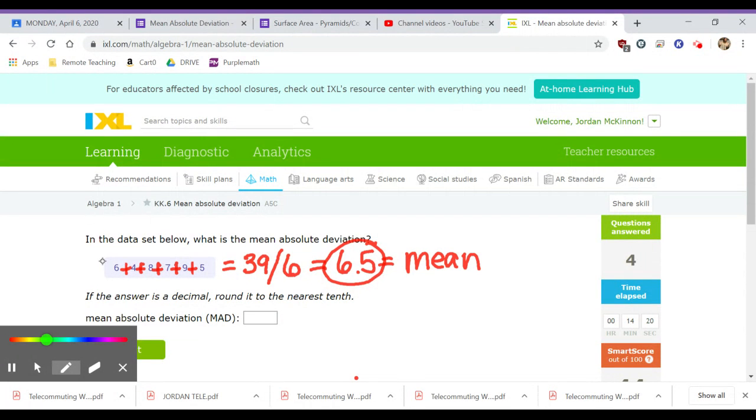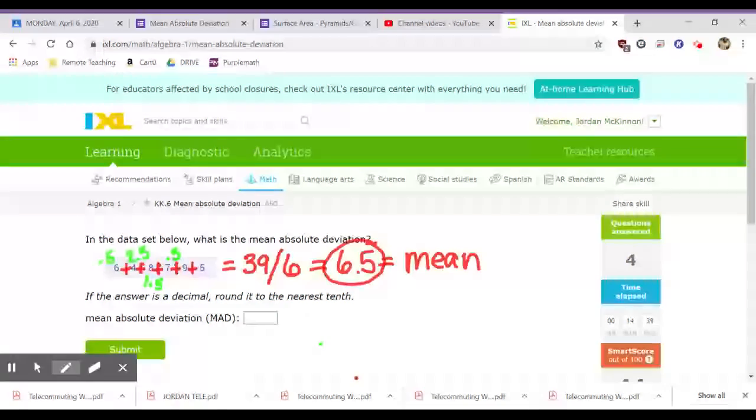Okay, so this was going to be just 0.5, and then this was going to be 2.5. Okay, 8 is going to, so I do 8 minus 6.5. That's going to be 1.5. 7 is just going to be 0.5 away from 6.5. 9 minus 6.5, 2.5. And then 6.5 minus 5 is just going to be 1.5.